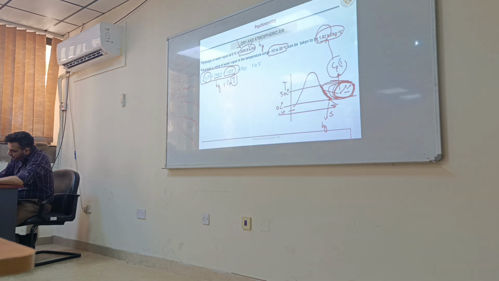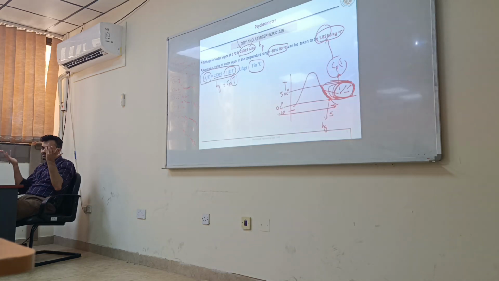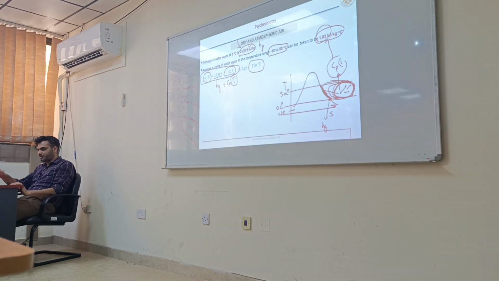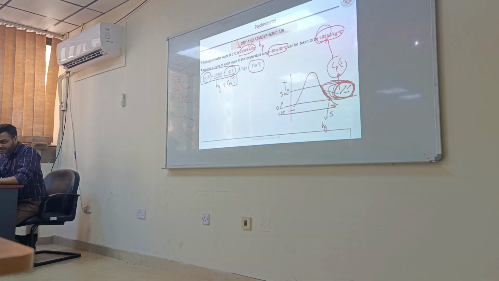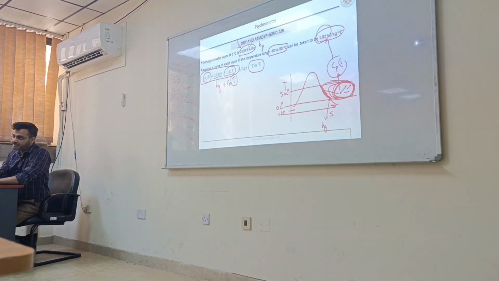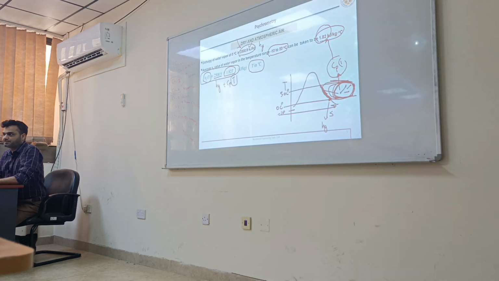Look here, the T is specifically mentioned; if it is not mentioned, then you can think it's Kelvin or whatever. Here one of the T is 0 degrees Celsius, and the second T is also in Celsius.